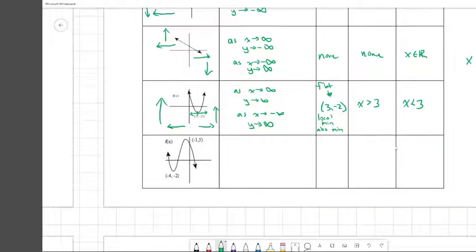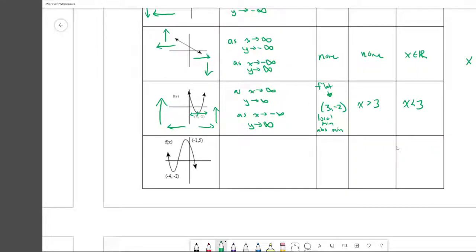Okay, let's tackle the cubic. So the cubic, again, we would say as x approaches infinity, y approaches negative infinity. As x approaches negative infinity, y approaches positive infinity. And that's just, again, just looking at the way that the chart looks this way, like that way, like so.